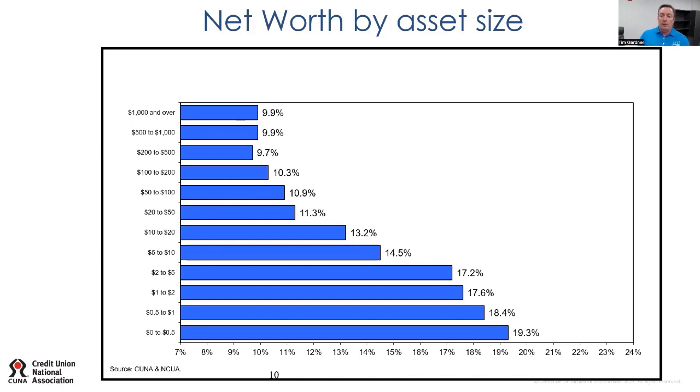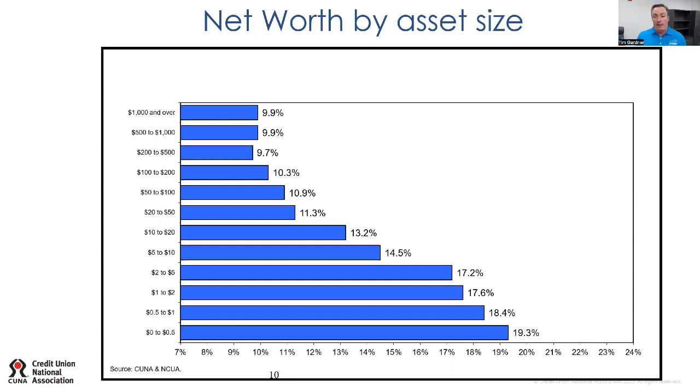Credit unions going down in the asset scale are coming down this way. So you can see that credit unions that are over $1 billion, their net worth ratio is 9.9%. For credit unions that are in the $2 to $5 million range, their net worth ratio would be 17.2%.